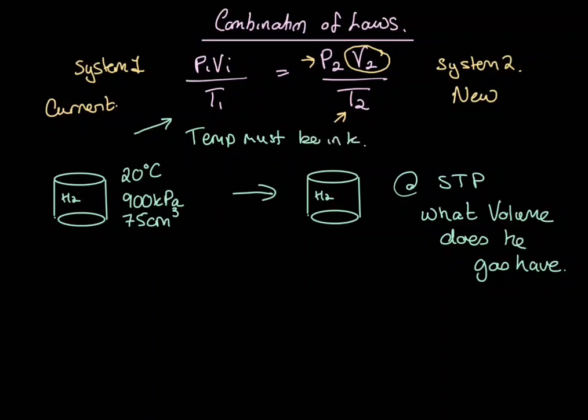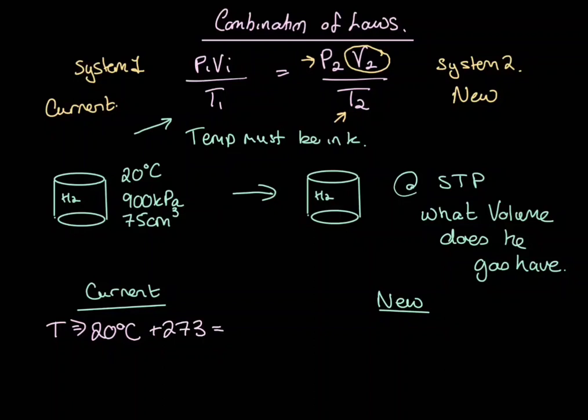Okay, so how I like to go about this is just I write down current and new situation. And I just take the important pieces of information out of both of them and make sure my conversions are done. So the temperature, 20 degrees Celsius. You have to add on the 273 to get it into Kelvin.